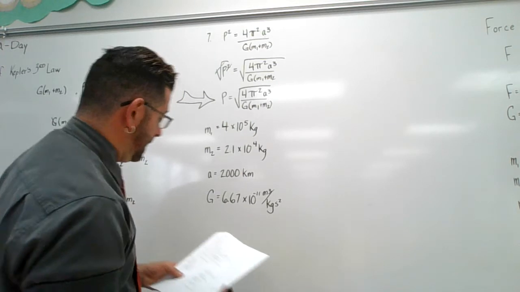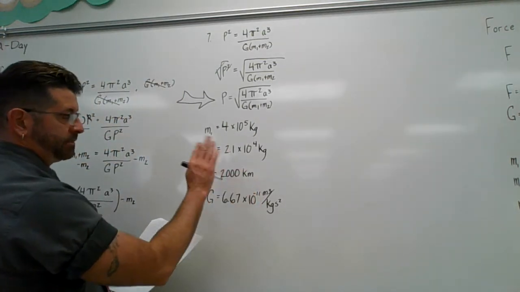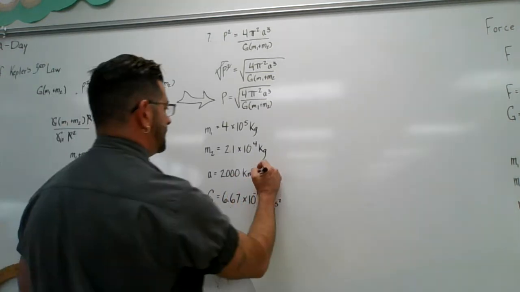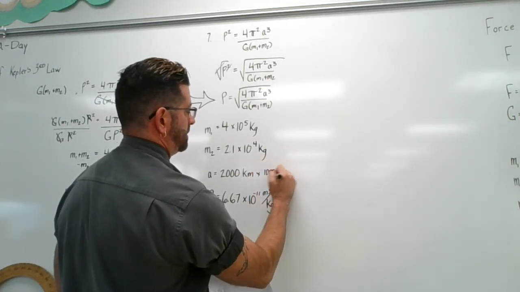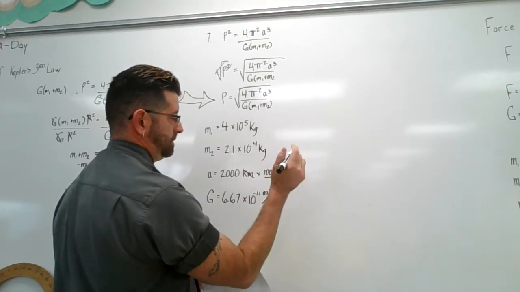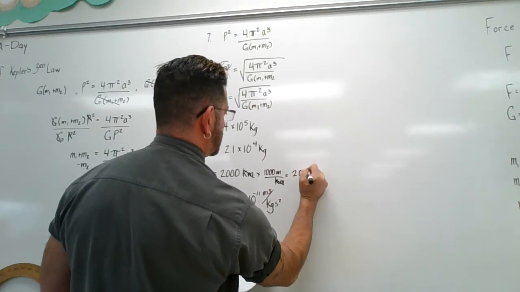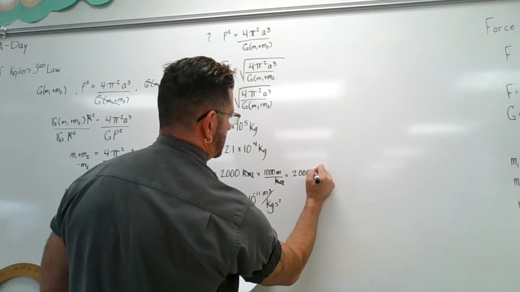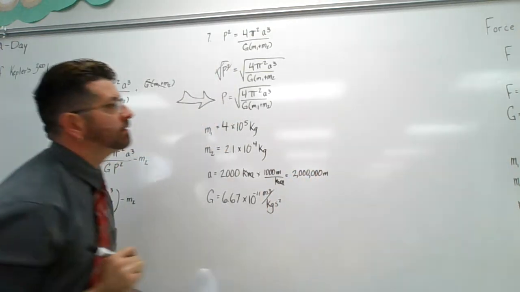So again, note this is in meters. This is in kilometers. Just multiply by 1,000 meters per kilometer. Kilometers cancel, of course. And you get 2,000 plus 3 zeros, or 2 million meters.